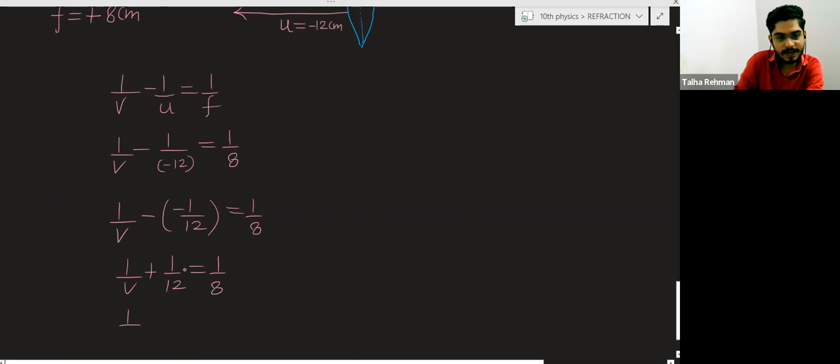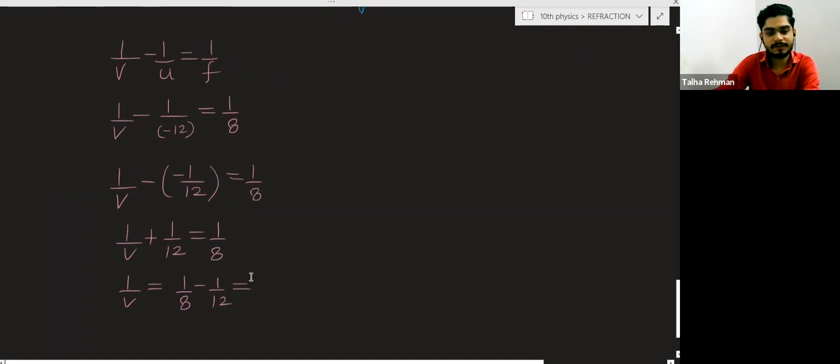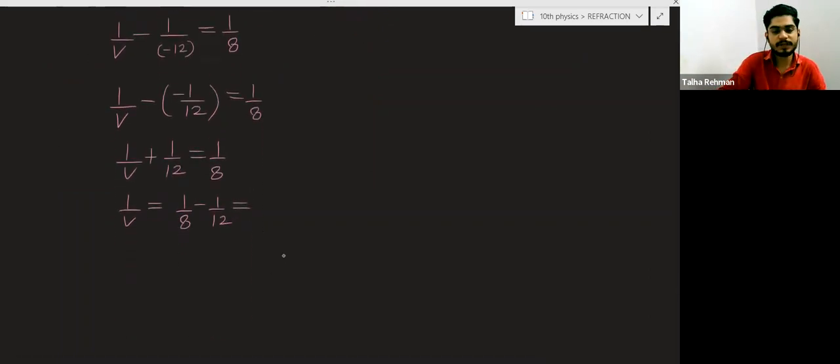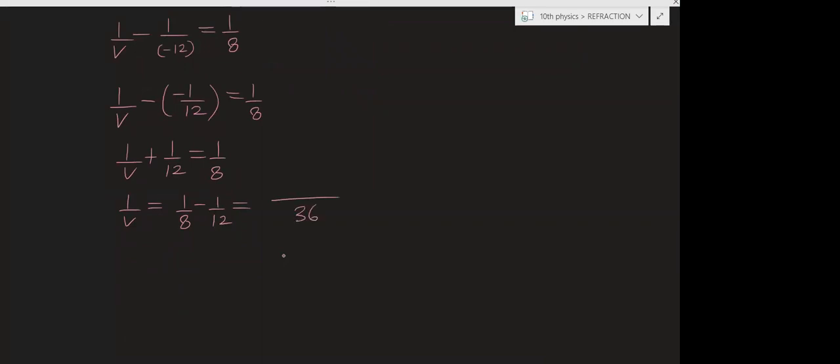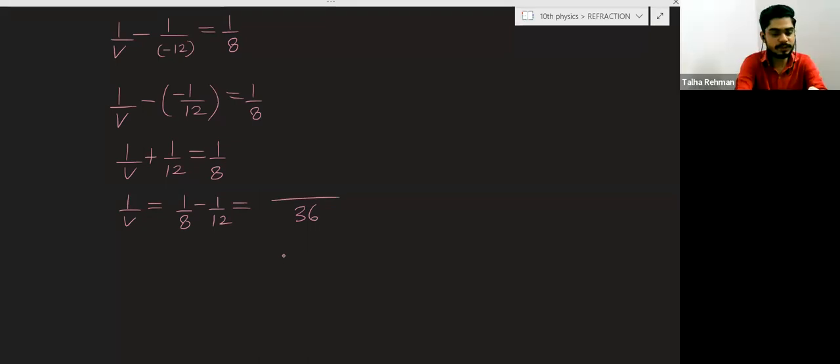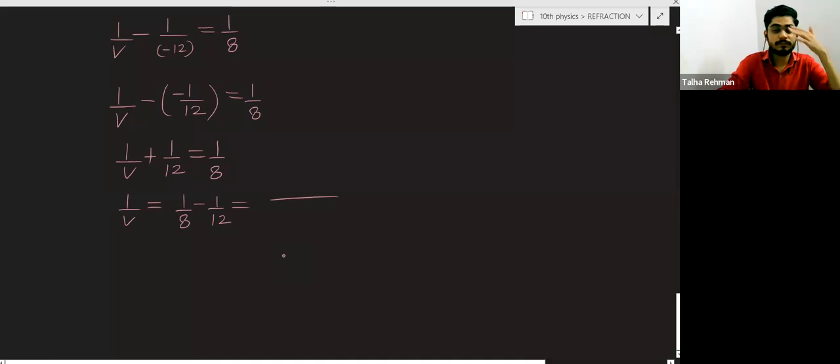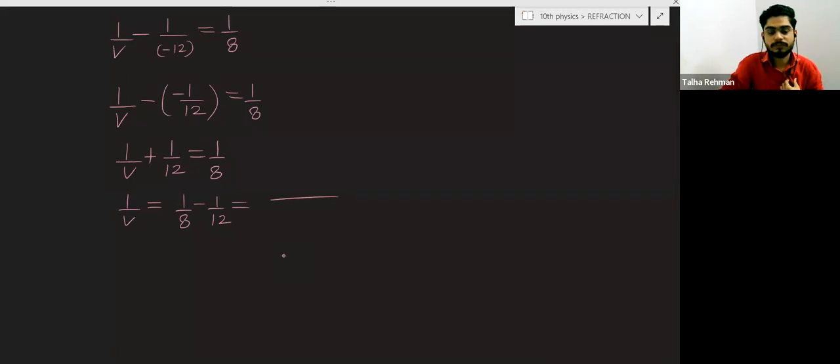And finally you will get 1 by 8 minus 1 by 12. Just solve it by the LCM method if you want, or by your multiplication method. I will do it. No problem. This is not 36, it is 48.